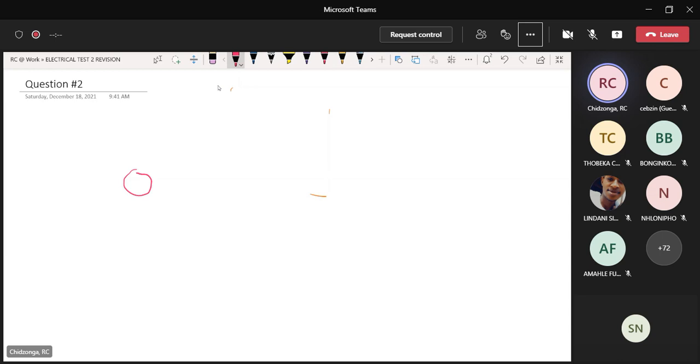You are given a source. The source is specified as VM, which is 10 cos omega t. You are told omega is equal to 33.33 kilo radians per second. All right. This is a voltage source.